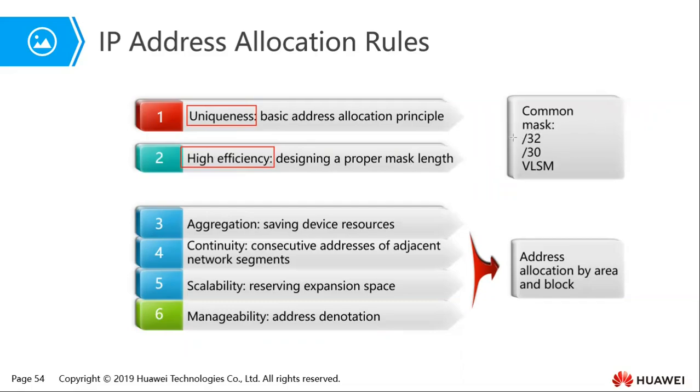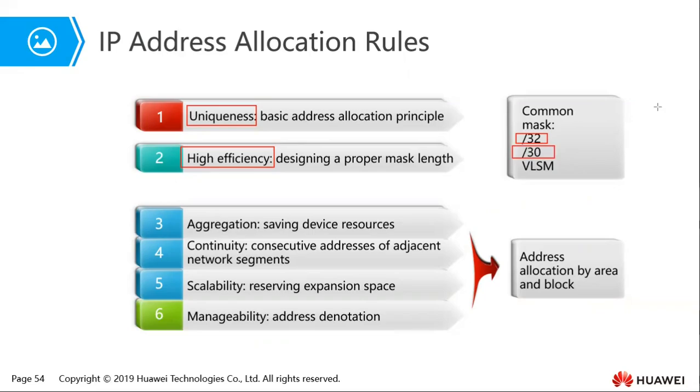Some of the common mask lengths that are used is /32. Normally, this is called a host route because it's used to identify a device, so to uniquely identify that particular device. So a certain IP address /32. Then we also have /30. Of course, /30 will give us how many addresses?